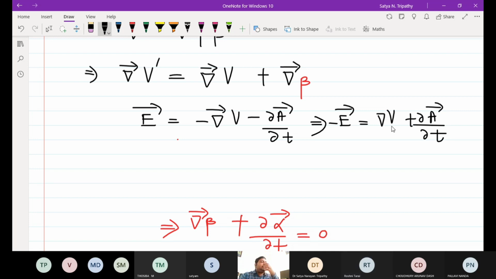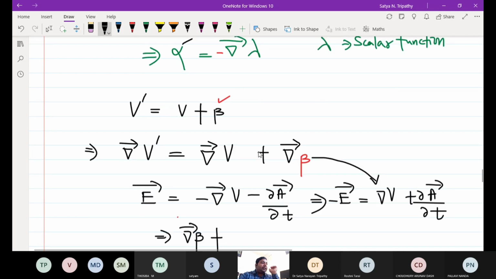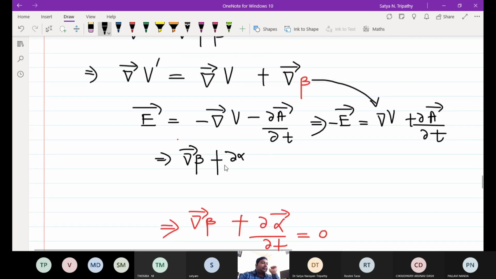So V is a scalar function, and we have added that scalar function here, so this can create the electric field. So here I am writing gradient of B because this has the unit of electric field, plus A. A is the vector potential. What have I added to the vector potential? Alpha, right? So that's why I put d alpha by dt.